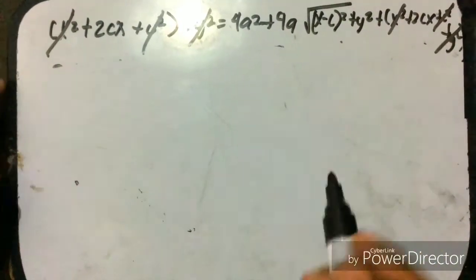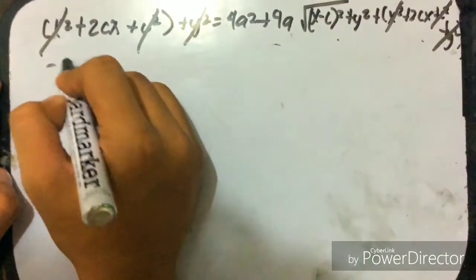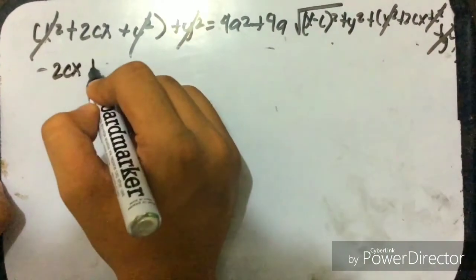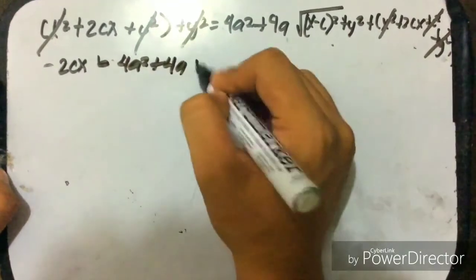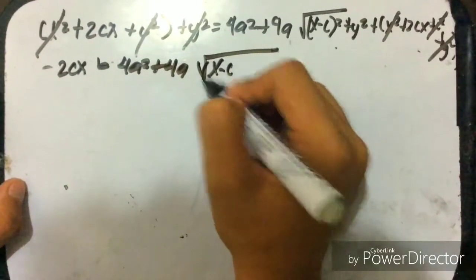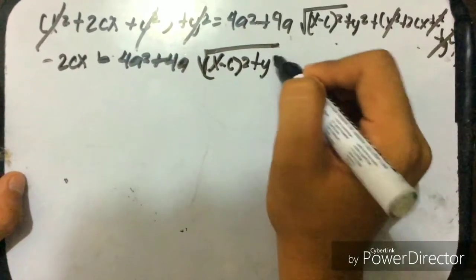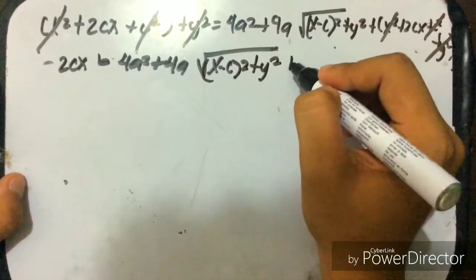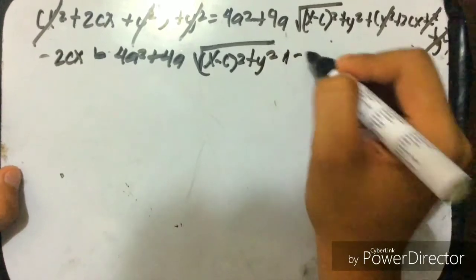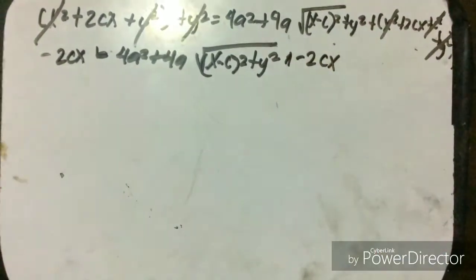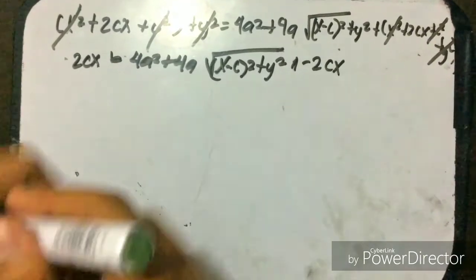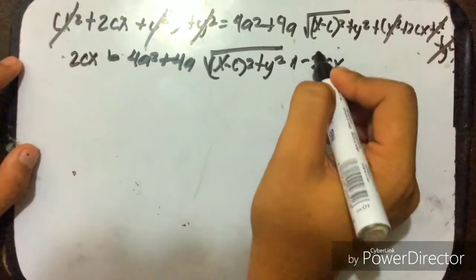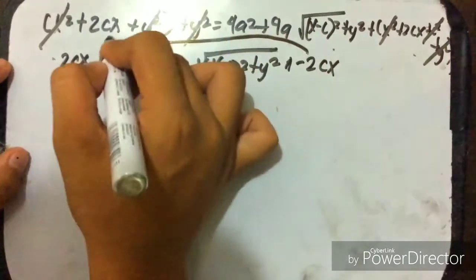After cancelling the squares, the remaining is 2cx equals 4a squared plus 4a times the square root of (x minus c) squared plus y squared, minus 2cx. By combining like terms, the negative 2cx will be transposed to the other side.